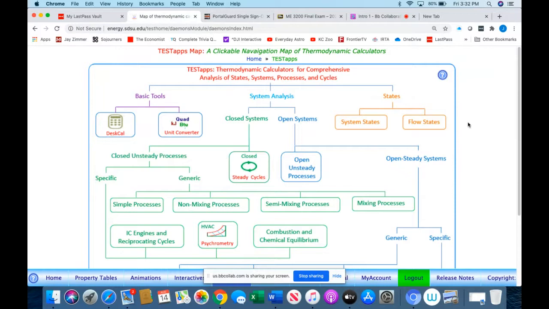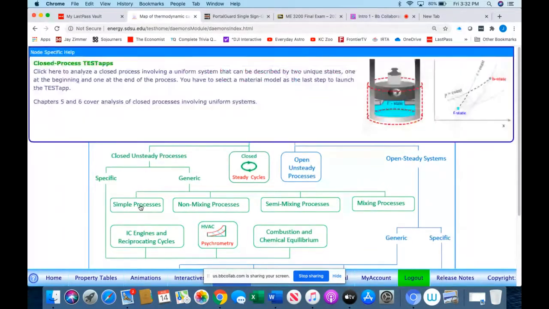It turns out that we really don't have to concern ourselves with the substance, but we are going to pick air as a typical substance. And then the process that is undergone between state 1 and state 2 will be where we have some heat transfer that occurs either in or out of the system. Since it's a closed system, we're going to go to a generic, simple process here.